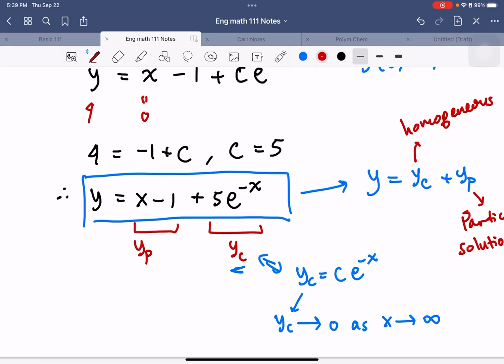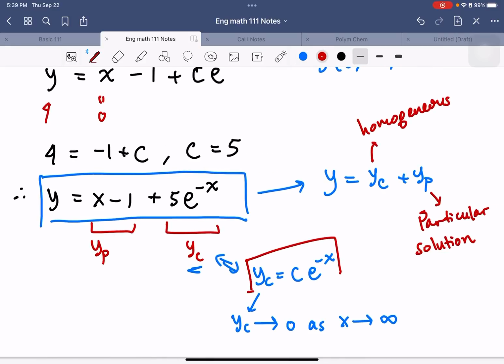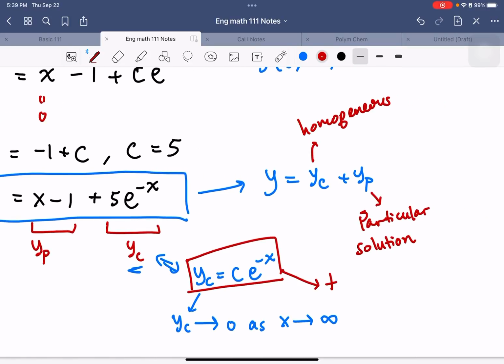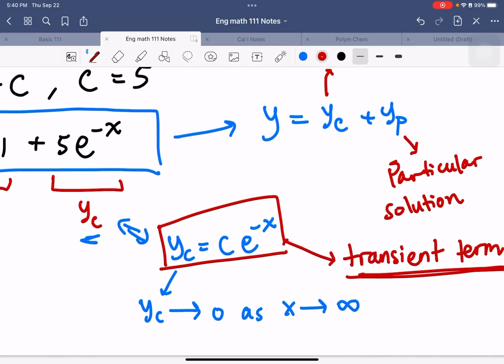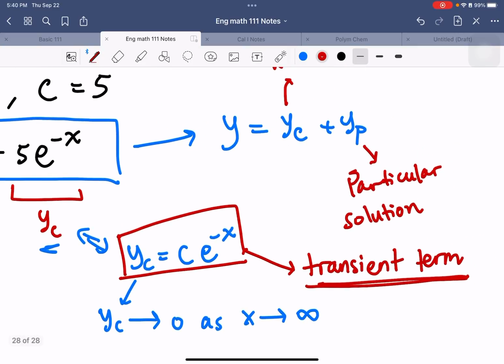The other name for yc is the transient term. This is just naming. They are the same thing, just yc, but the name is transient term. Transient means that when we make the independent variable larger and it goes to infinity, the term is getting 0.